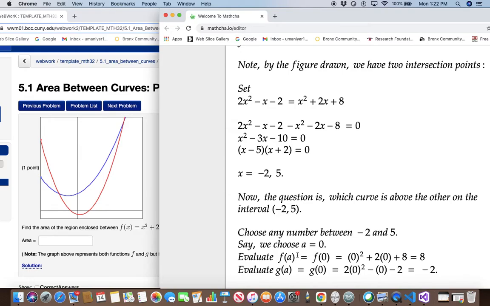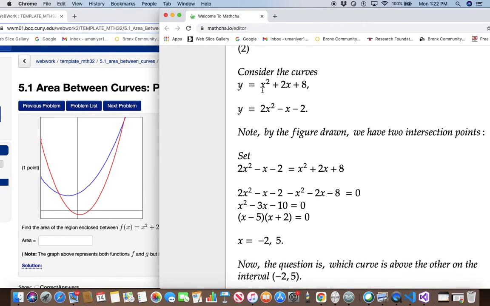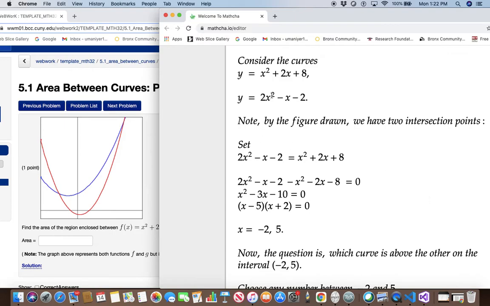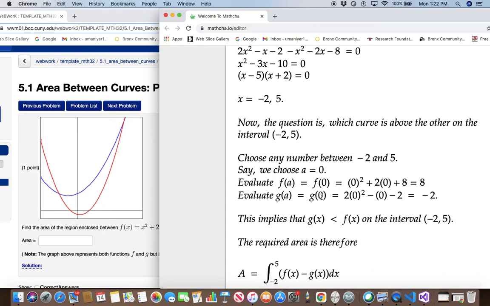When x is 0, f at 0. So f is the first function, we call it f(x). When I substitute x equals 0, I get 8. Likewise, g(x), the second function, I substitute 0, I get negative 2. So obviously, blue is f because it has the higher value at 0 and g is the lower value at 0.